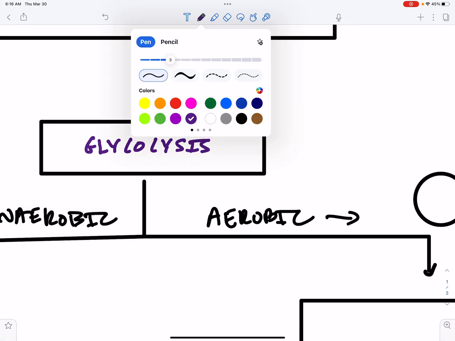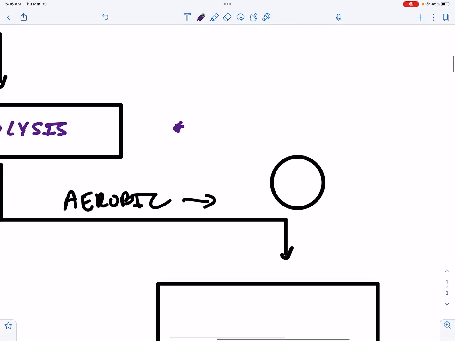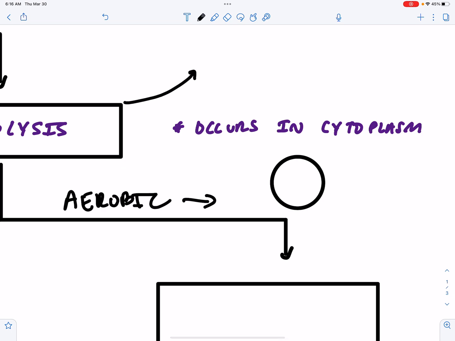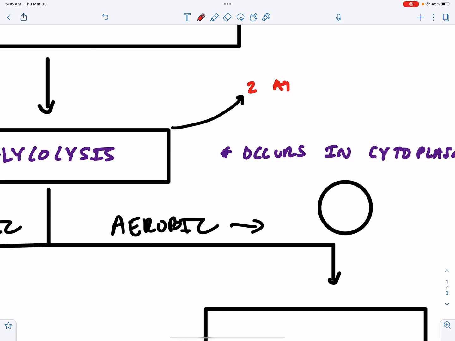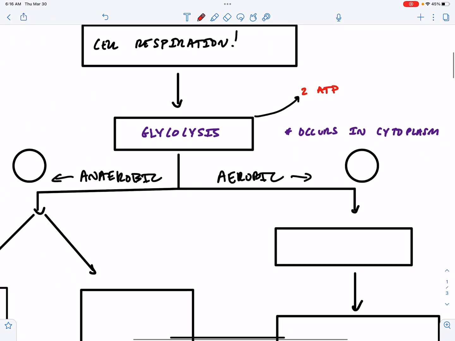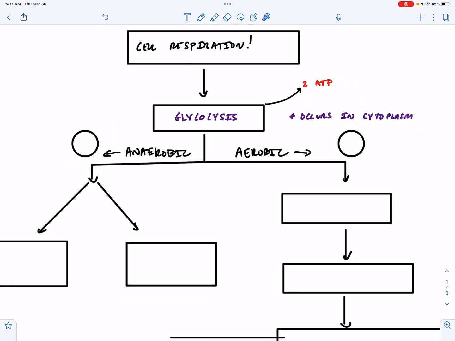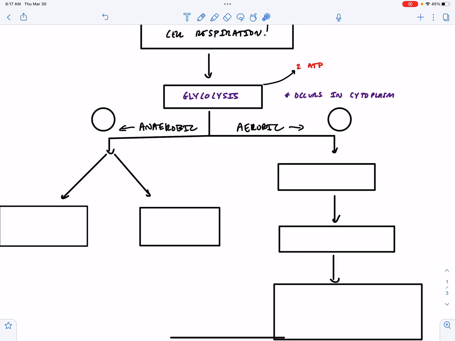This process occurs in the cytoplasm of the cell, and it creates 2 ATP. When it runs through, on net, 2 ATP are produced. Okay, so this is the first step of cellular respiration. It occurs in the cytoplasm, 2 ATP are produced. It's called glycolysis.